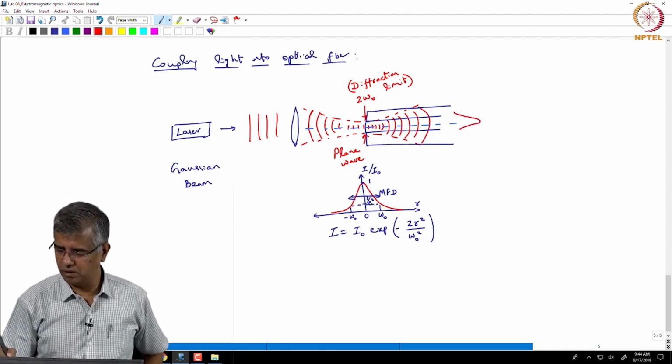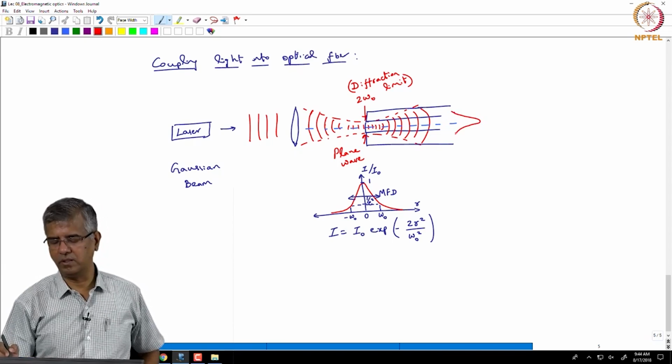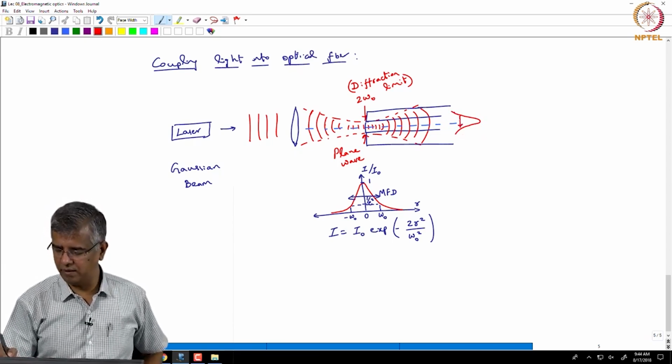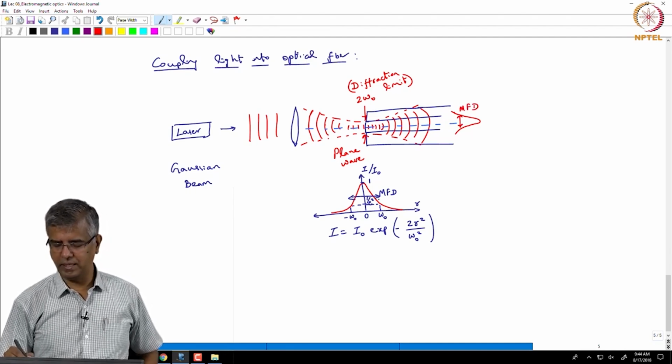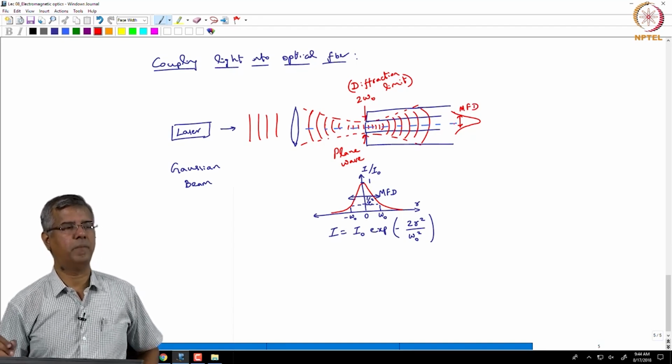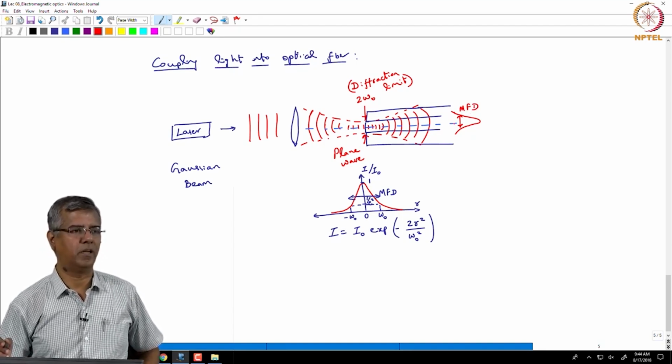So this also is a Gaussian shape, and this will also have a mode field diameter. So if this diameter and this diameter are matching, that is when I have maximum coupling into the optical fiber.